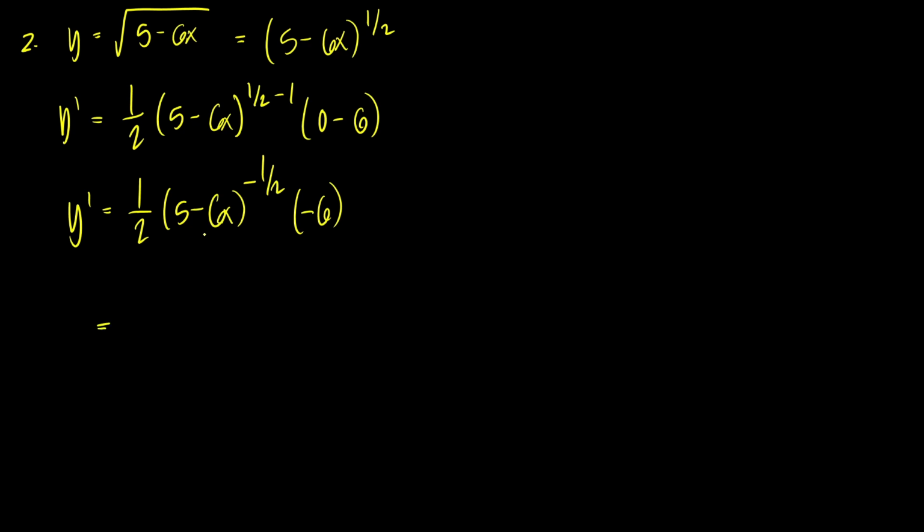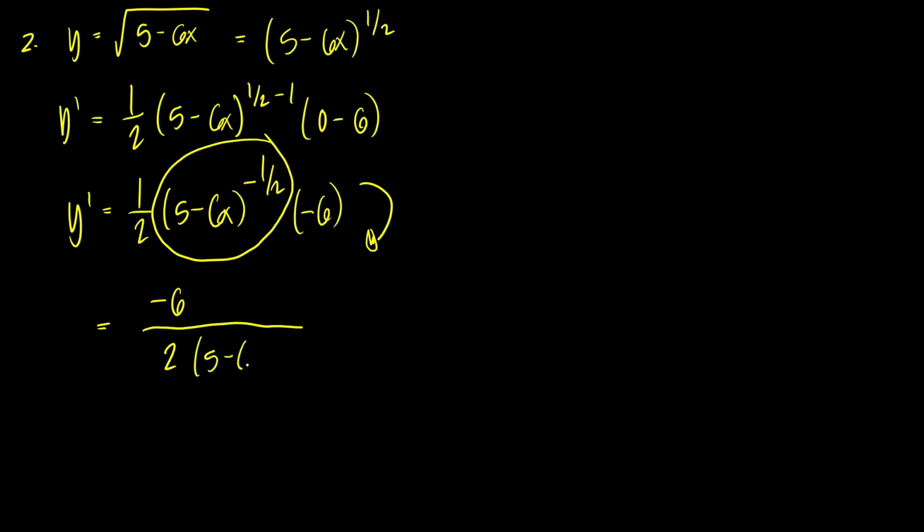We know that anything that has a negative exponent can be moved to the denominator in order for it to have a positive exponent. So we have negative 6 over 2, then 5 minus 6x raised to 1/2.